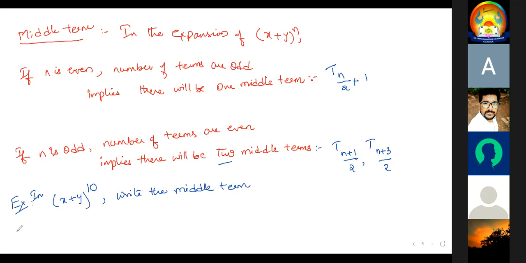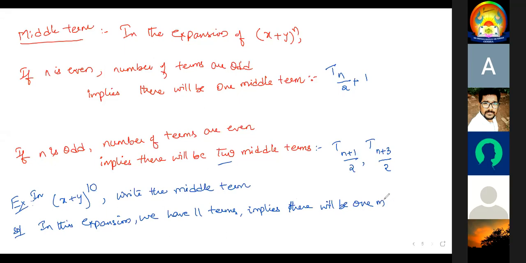When I ask like this, you should say in this expansion we have 11 terms. 11 terms means that implies there will be one middle term. That formula is T(n/2 + 1). N value 10, 10 by 2 means 5 plus 1. That is equal to T6.